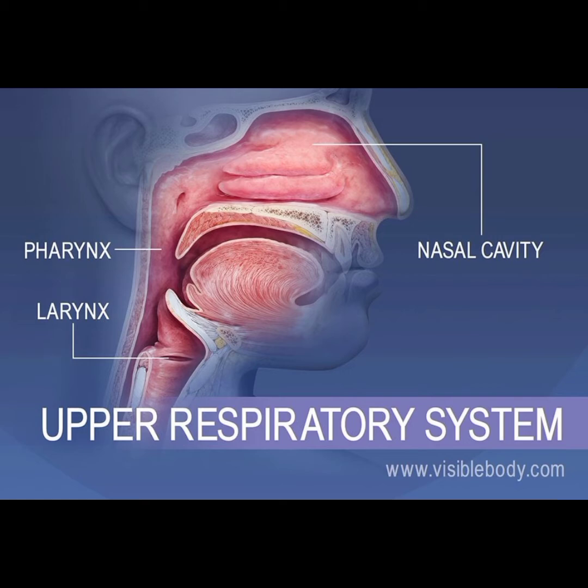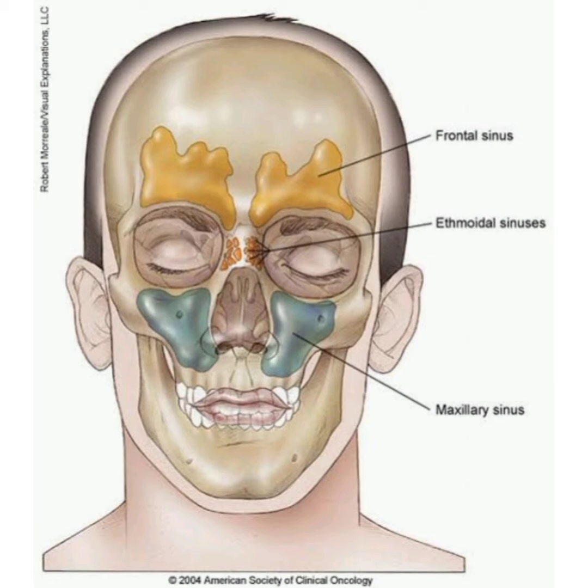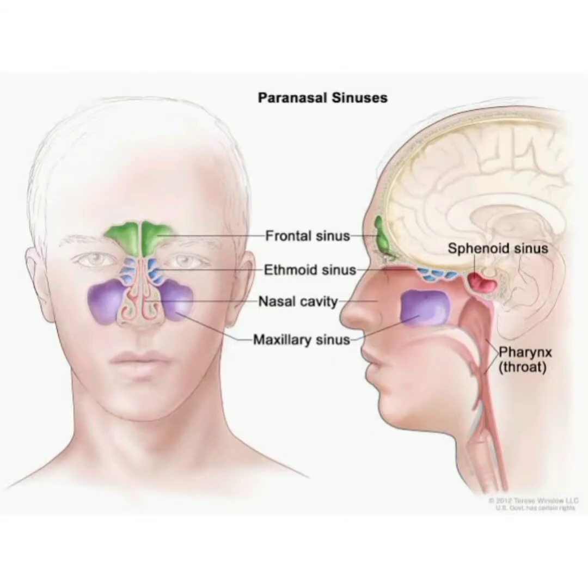From the nasal cavity, the air enters the posterior part of the nasal cavity, which is called the nasopharynx. Before that, we should know about the paranasal sinuses. What is a paranasal sinus? Paranasal sinuses are bilateral cavities present in the frontal bone, maxilla, ethmoid and sphenoid bones of the skull.